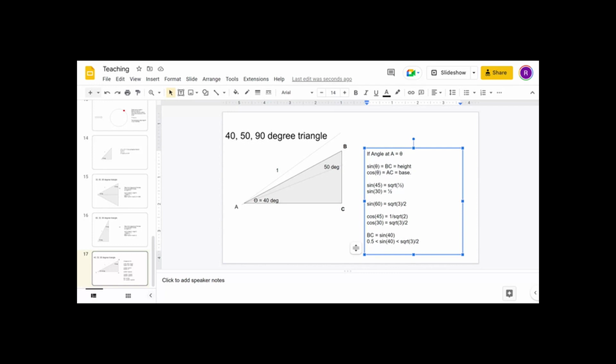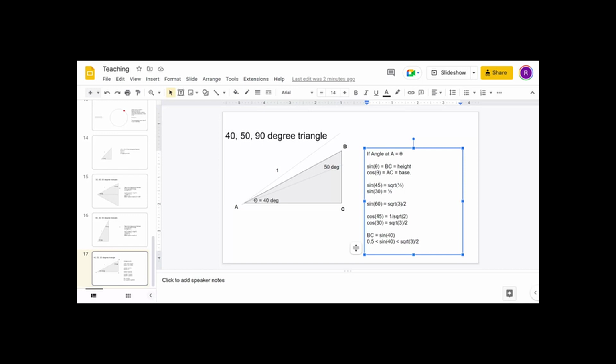Can anyone tell what is sine of 40 degrees? Sir, 0.642. Yeah. How did you get that? Where did you look for this? Sir, calculator.